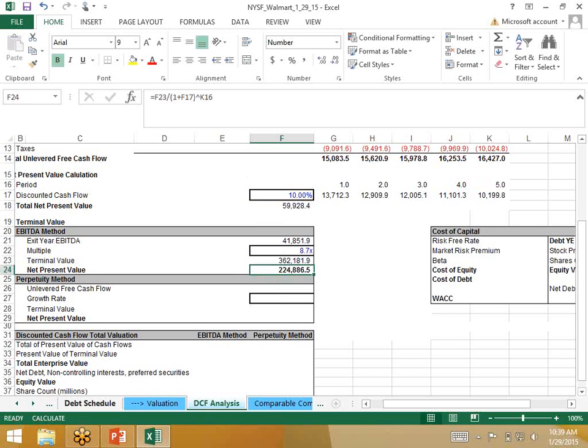That's the current value of the business, the current terminal value of the business based on the EBITDA method. We'll add that to our 59928 to get the total value of the business. That's the idea. Using the EBITDA method, these are the values of the business we'll use. Everyone have that? Anyone want to look at a formula?